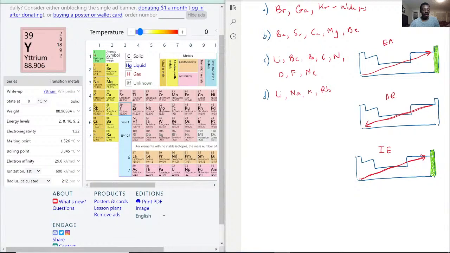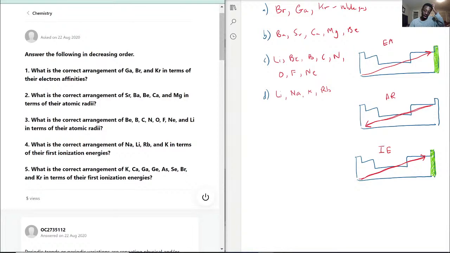Okay, that would be the energy it takes to get rid of the first electron. It'd be kind of like that.